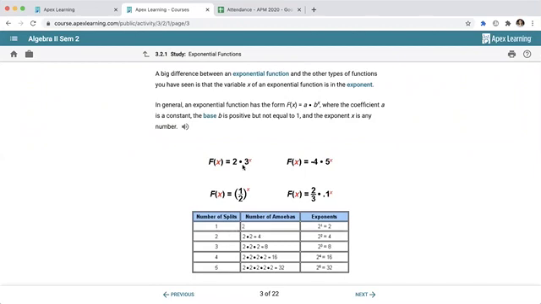And so here, again, these are a lot of different equations, and if we look at just an example here, 2 to the power of x, they're talking about amoebas or bacteria, things in biology. Those grow with this thing called an exponential function, because they're going to grow 2 to the power of x, right?